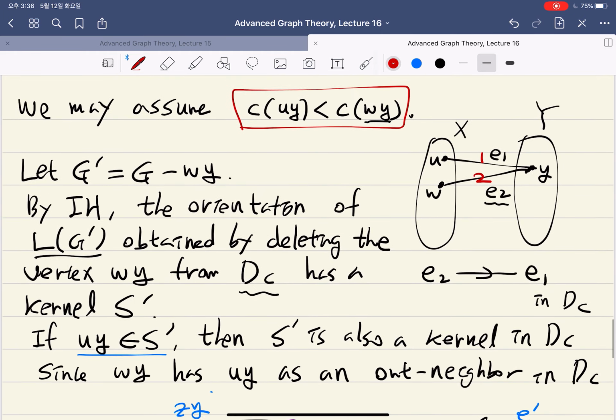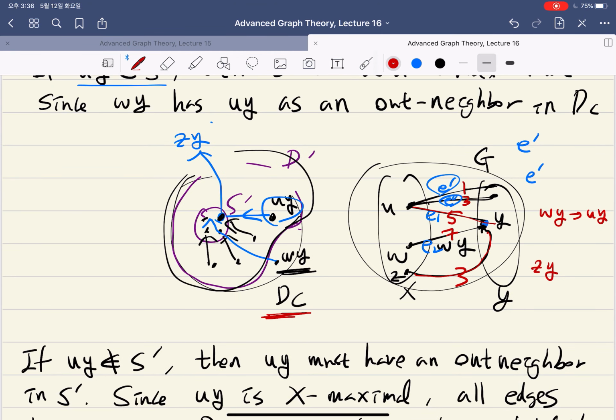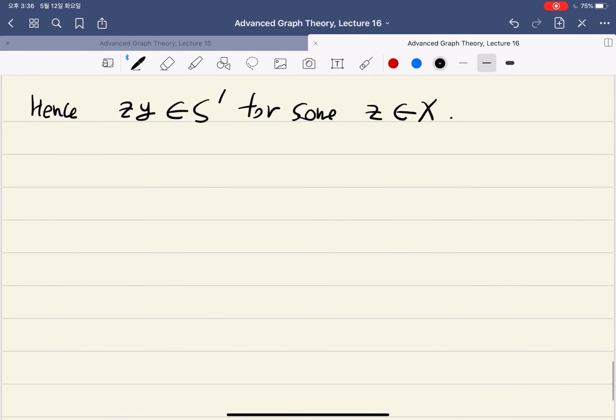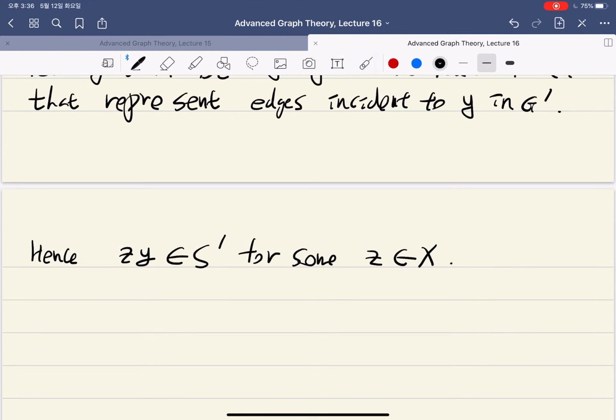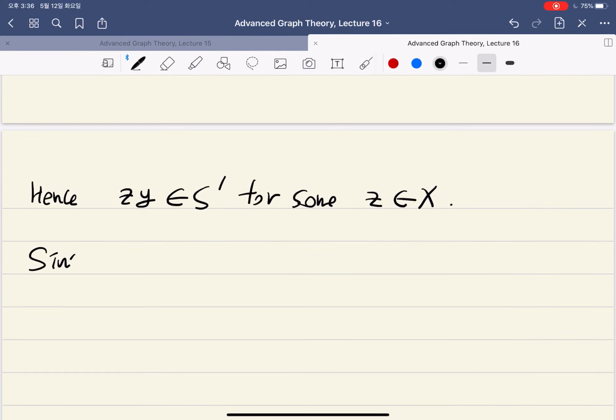So this must have a smaller value than uy. Then this shows that the value of wy, the value of uy and the value of gy are ordered in this way.